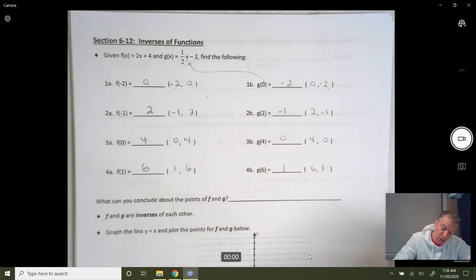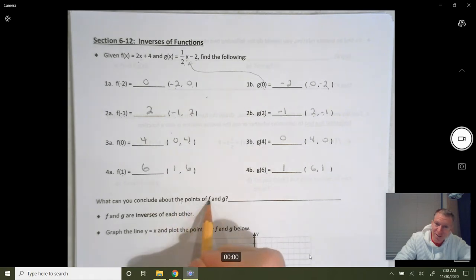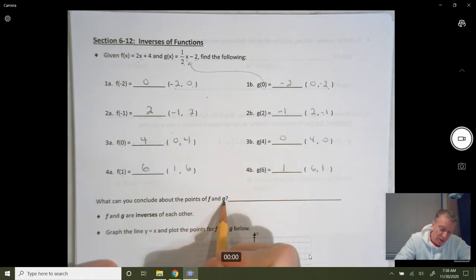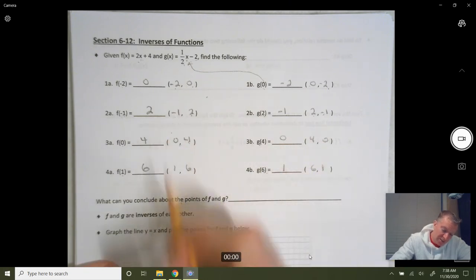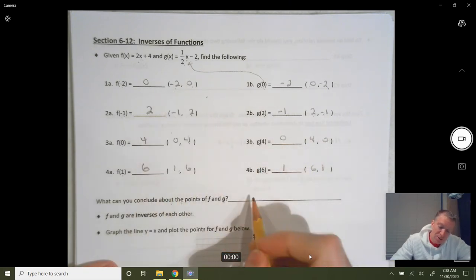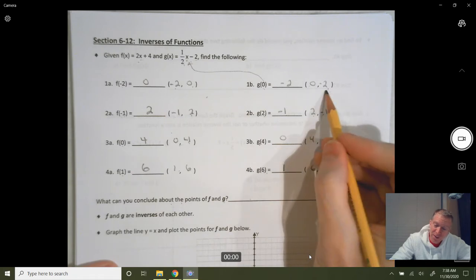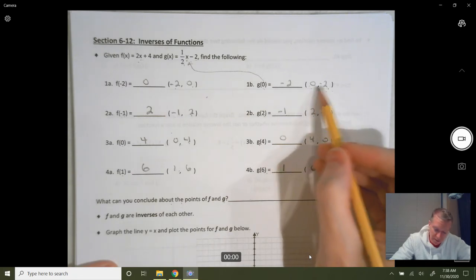Okay. So what can you conclude about the points on f and g? Okay, so for every ordered pair on f, the corresponding point on g, you would just have to switch the x and the y.